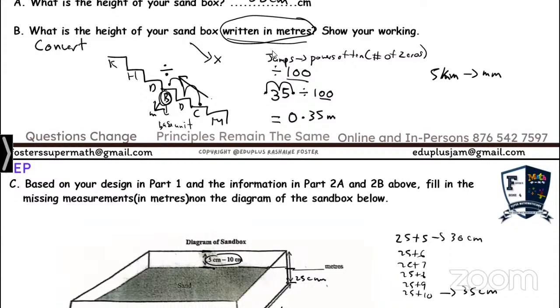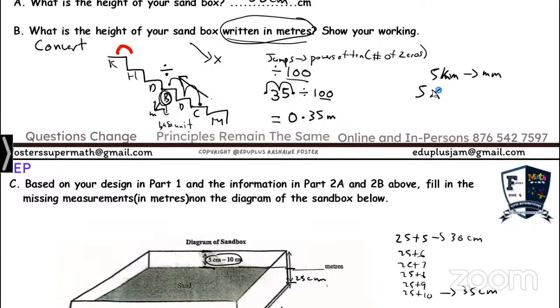So, using the principle, are we going up the stairs or down the stairs? Remember, kilometer to millimeter, upstairs, down the stairs. So does that mean multiplication or division? Multiplication or division? All right, so we have to multiply. And then what number am I going to multiply by? How many jumps?